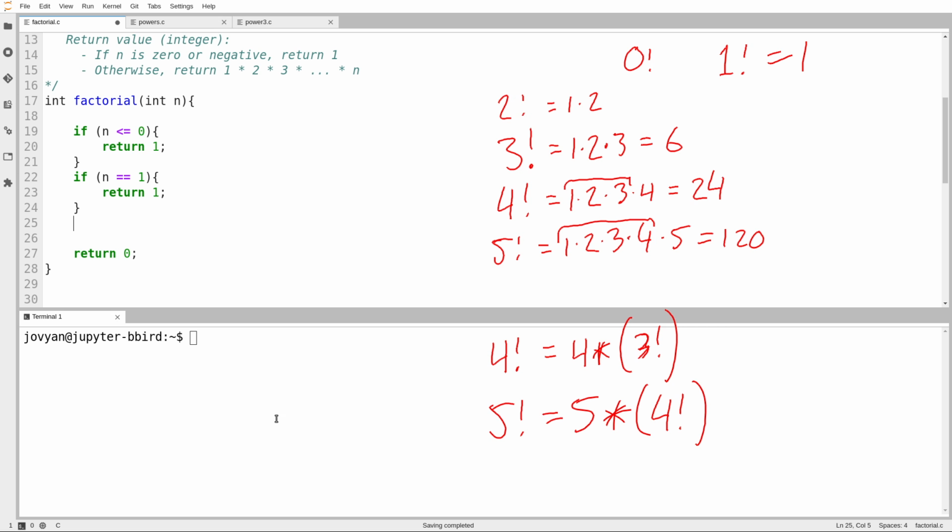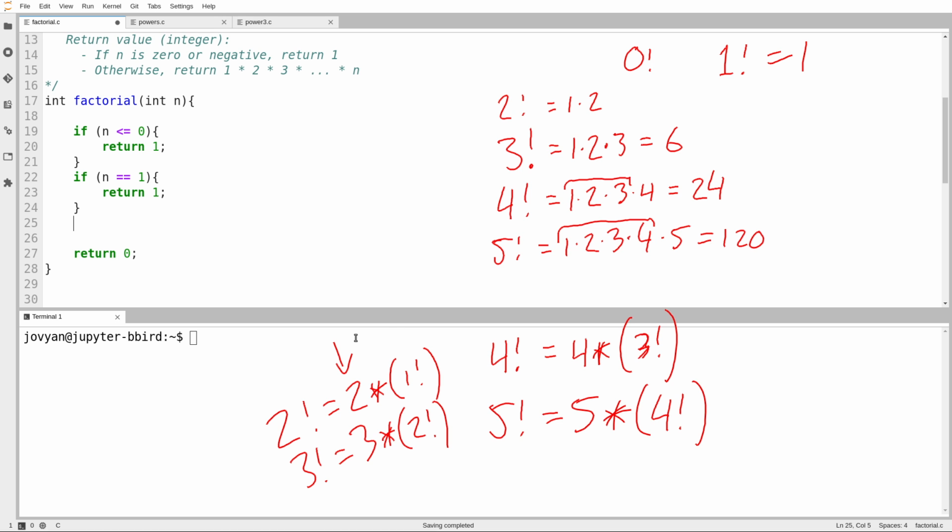But 2 factorial also equals 2 times 1 factorial. And 3 factorial is also equal to 3 times 2 factorial. Well, that's interesting. So if you give me a value of n that's at least 2, it looks like there's a pattern forming.